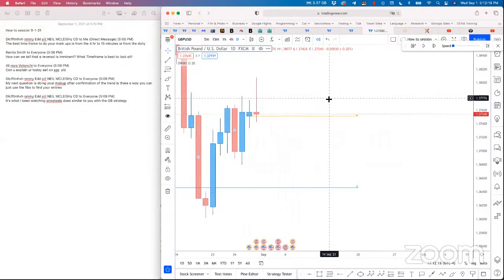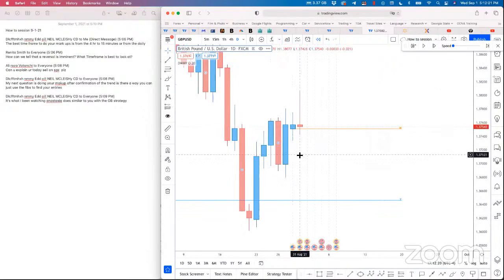Just looking at this, we would pretty much open up and either break out of the high of this wick or the low of this wick. If we trade near the highs, because we already rejected, I would likely be looking for a sell if I saw price open up and push up.